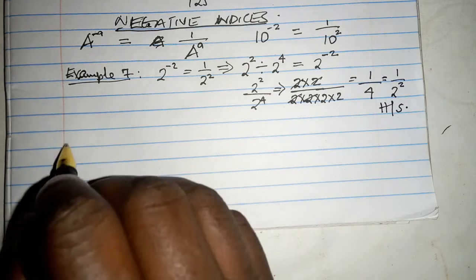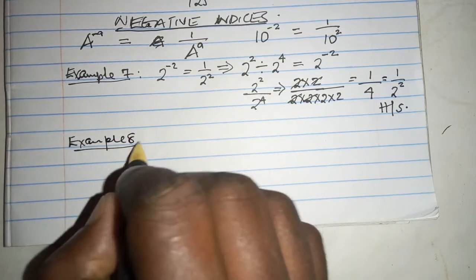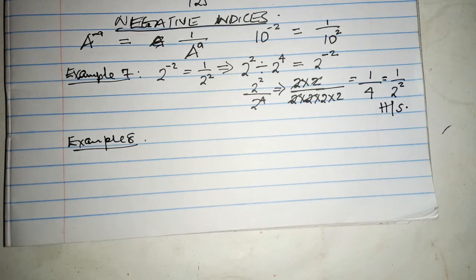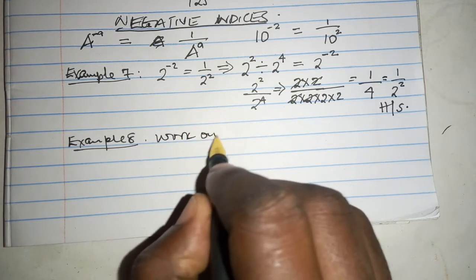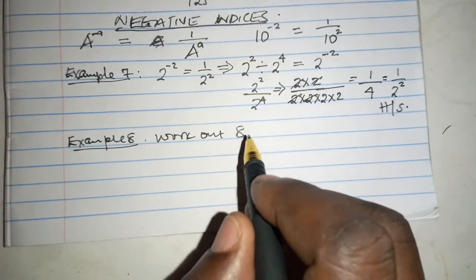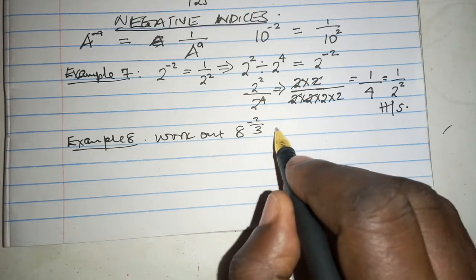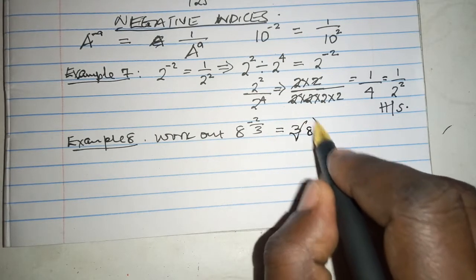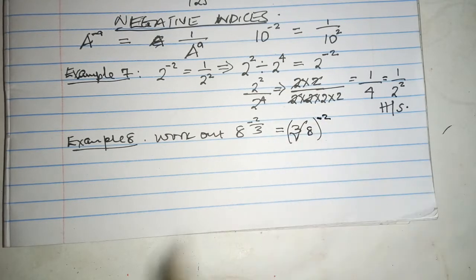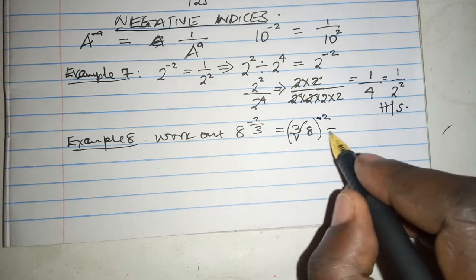Example 8, let's talk about example 8 in the same video. It uses the same kind of knowledge. Work out 8 raised to power minus 2 over 3. The denominator is going to be the cube root of 8 raised to power minus 2, and the cube root of 8, everybody knows, is 2.